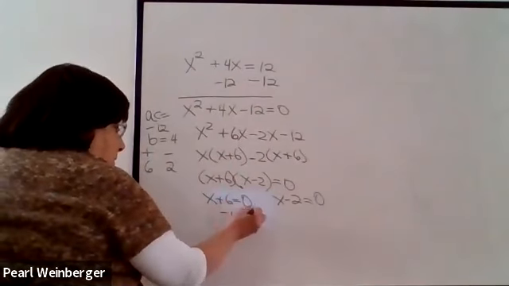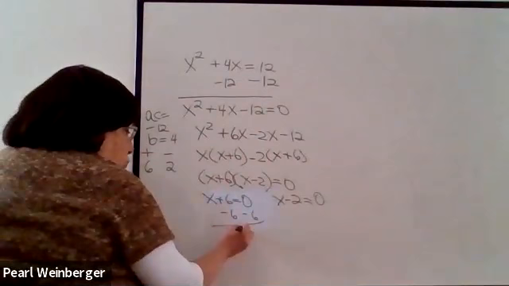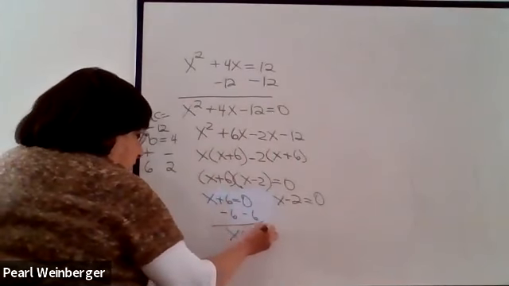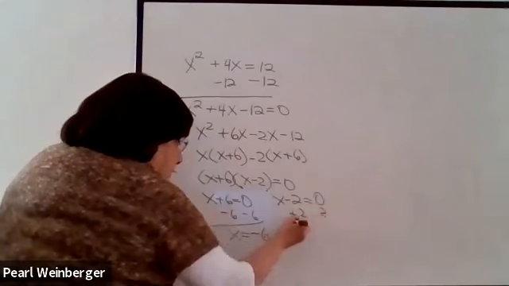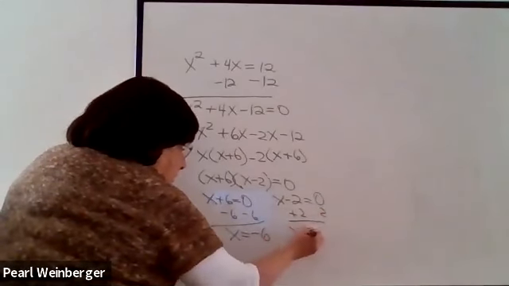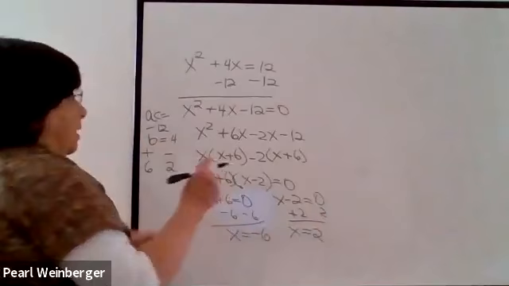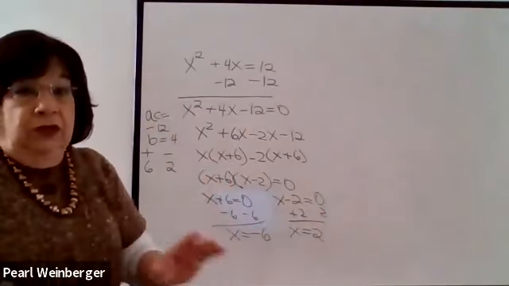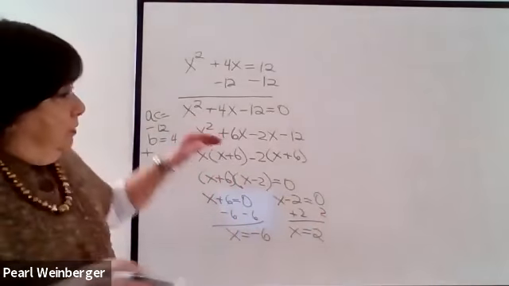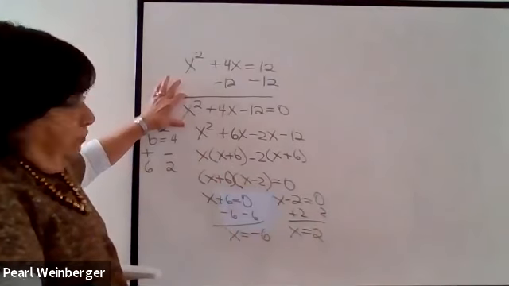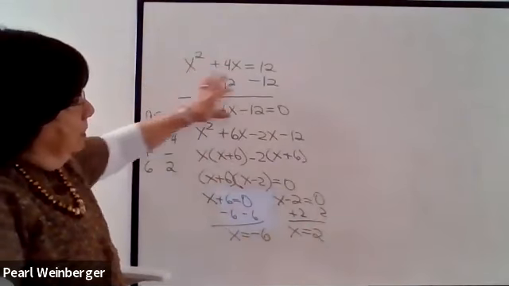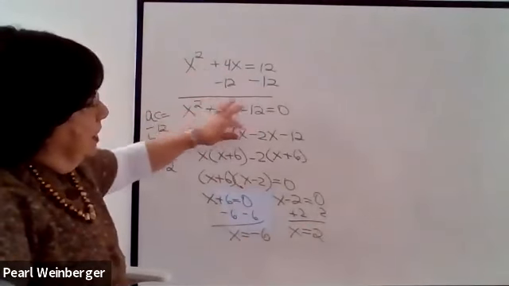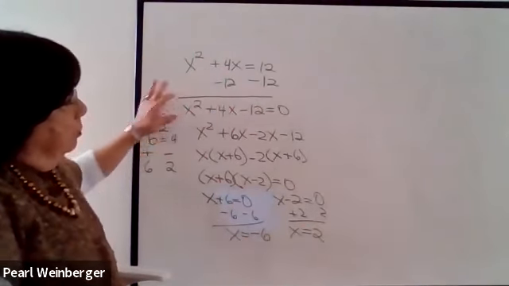And this gives me as one answer x equals negative 6. And here when I bring this 2 to the other side, my other answer is x equals 2. And this is a method we've been using till now. Obviously, it was dependent on being able to factor once it was equal to 0, to factor the side that was not equal to 0.